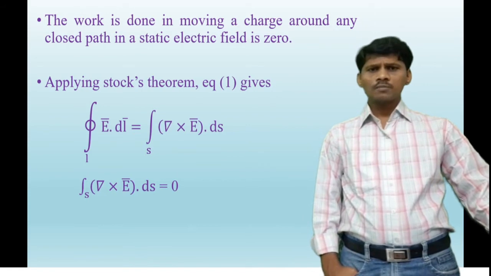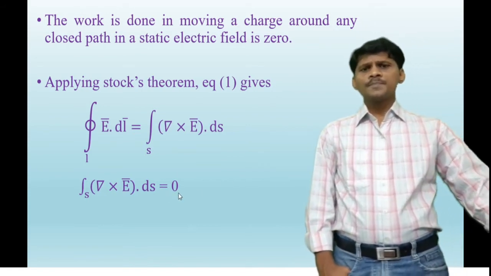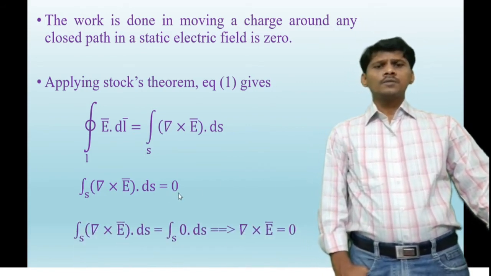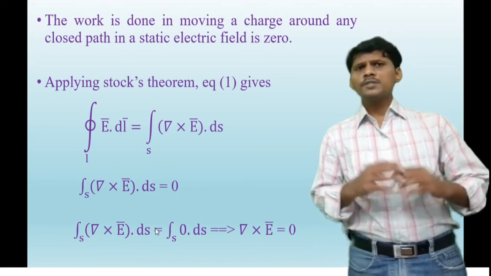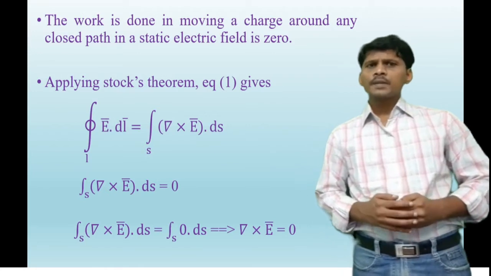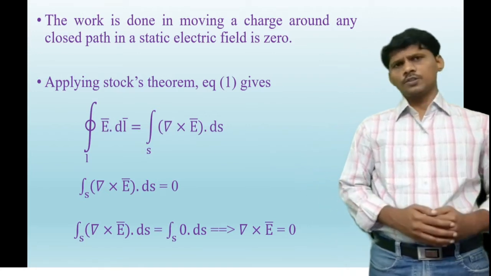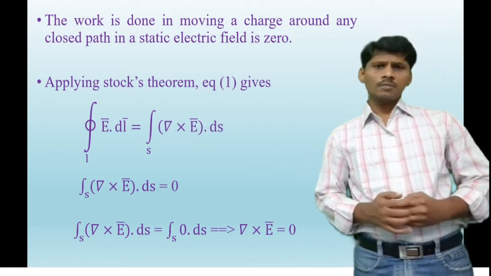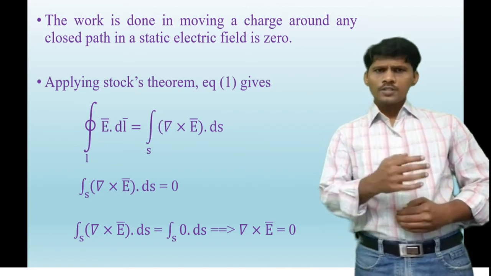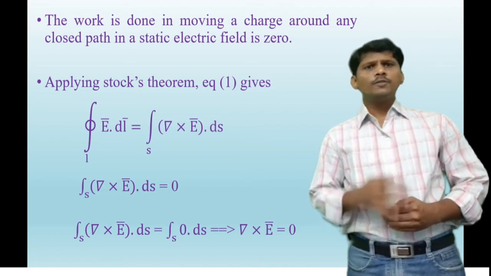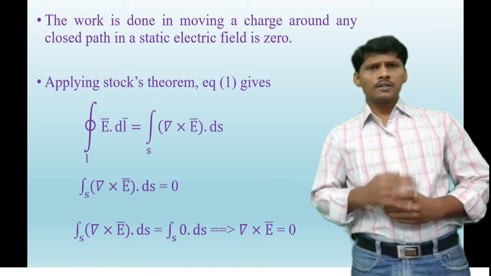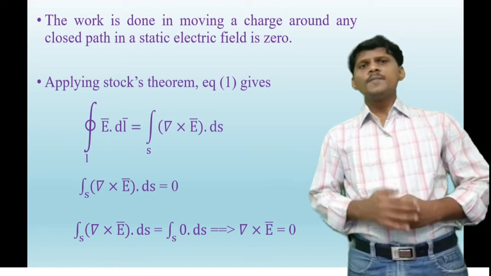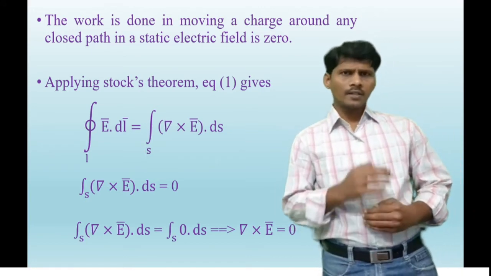And the RHS term 0 is also written as the open surface integral of 0 dot ds bar. On both sides, the surface integral is cancelled. So we get del cross E bar is equal to 0. This equation is called the differential form of the second Maxwell equation. Del cross E bar is equal to 0.